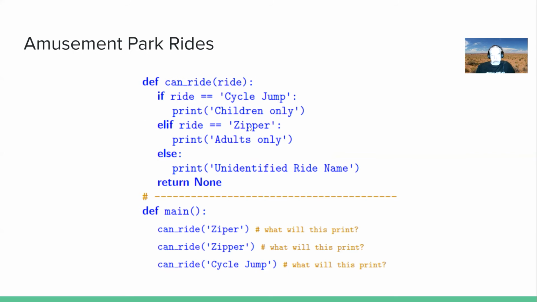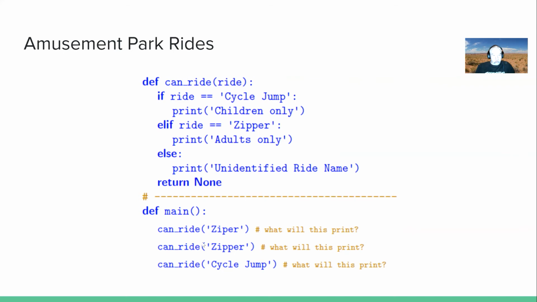Else if ride equals Zipper, adults only. And if the ride is neither Cycle Jump nor Zipper, so all other cases, then it'll print unidentified ride name. Right? And the function returns none because we're not returning anything, we're just printing stuff out, right?